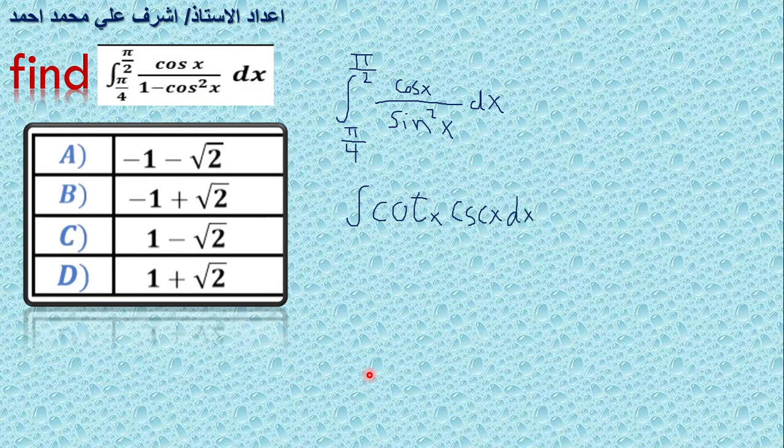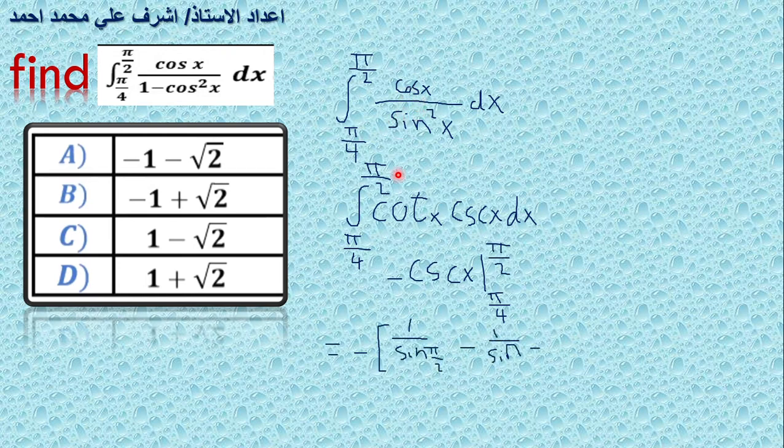If it is not multiple choice, 1 minus cosine squared equals sine squared. So cosine over sine is cotangent, 1 over sine is cosecant, dx. The integral of cotangent cosecant is negative cosecant, from pi over 4 to pi over 2.